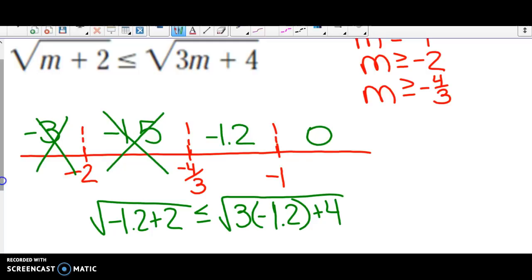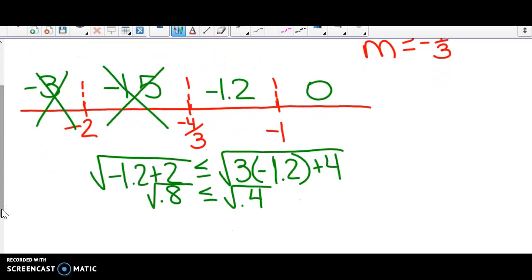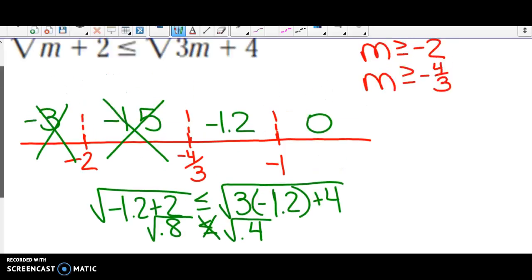This comes out to be square root of 0.8, less than or equal to, this is going to come out to be 4 minus 3.6, which is 0.4. They're both positive, it's all good, but the inequality's not true, okay? Square root of 0.8 is not less than the square root of 0.4. So that part's not true.